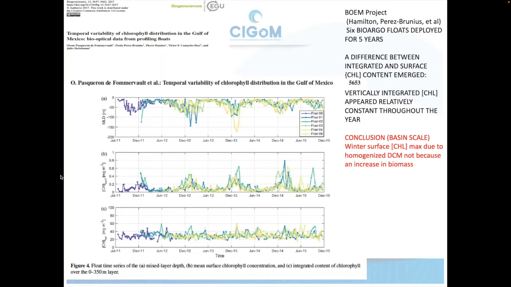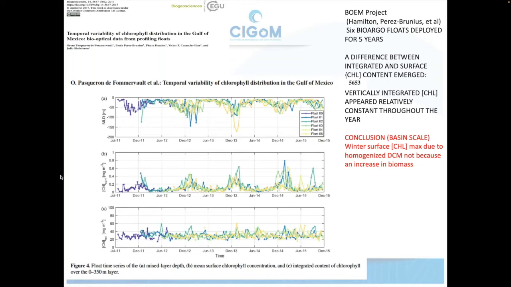Here in the top panel, you see data from 7 different floats. On the x-axis, the horizontal axis, you have time, and the top panel is the mixed layer depth.